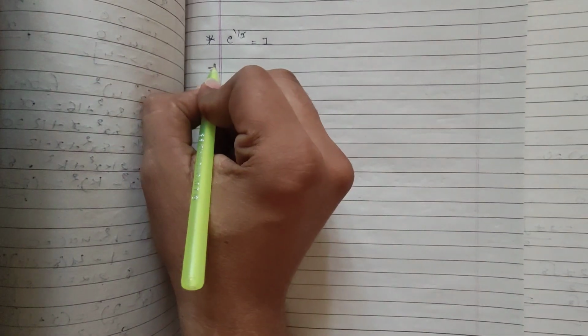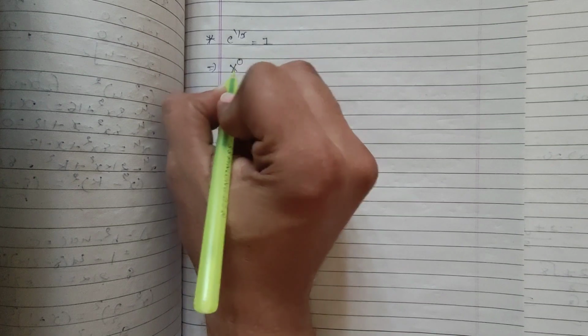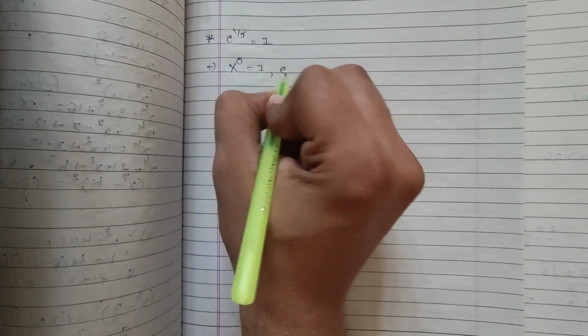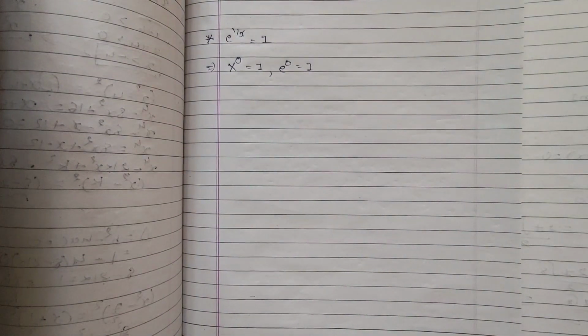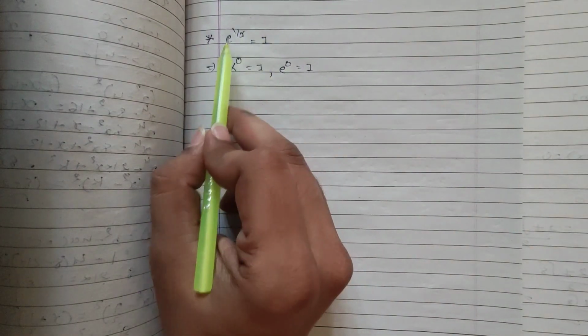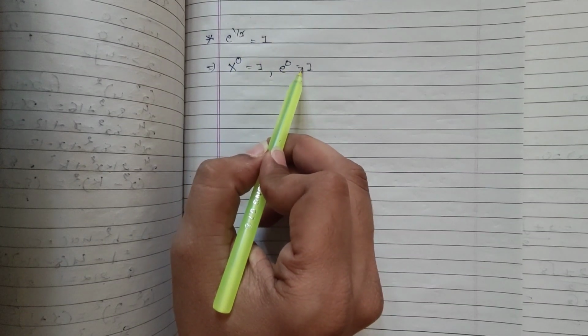Now, for example, there are basic properties which you should know: if I have power 0 of any number, then the answer will always be 1, right? In the same way, if I have e raised to 0, then the answer will be 1. But if I compare this with this equation, here I have e raised to 1 by x equal to 1, and normally if I have e raised to 0, then the answer will be equal to 1.